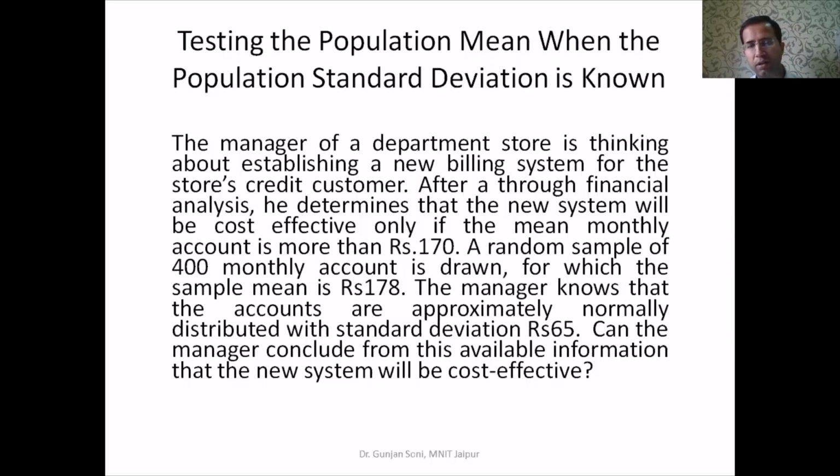If it is greater than 170, then we would say it is not cost effective, right? So the alternate hypothesis would be that mu is greater than 170, and the null hypothesis would be mu equal to 170.